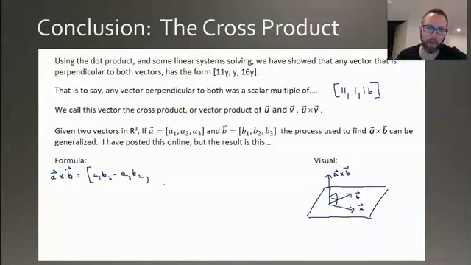And you do similar things for the y and z components of the cross product. For the y component, we leave out the y components of a and b, and we do a3b1 minus a1b3. And then finally, we do a1b2 minus a2b1.